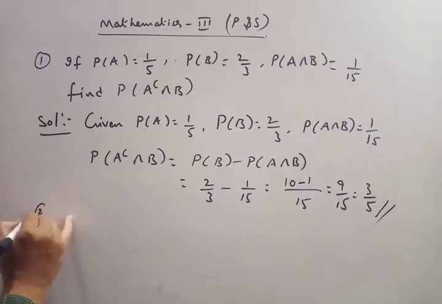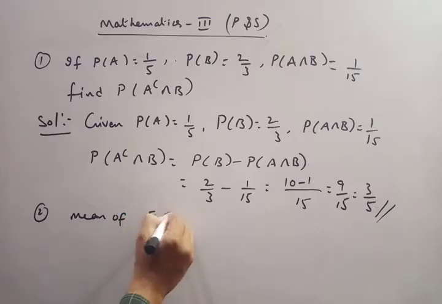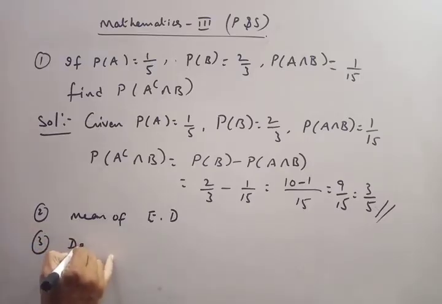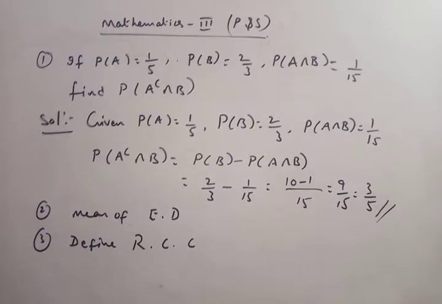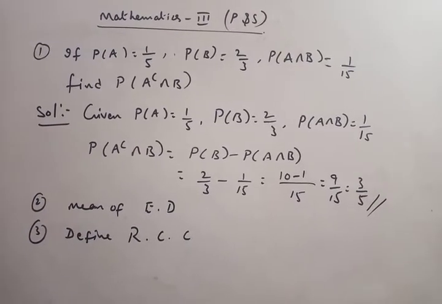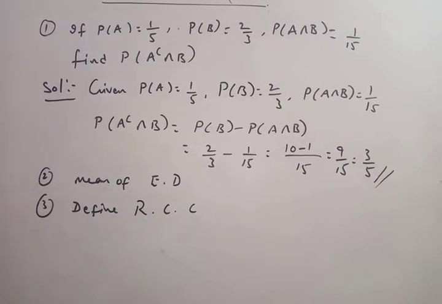This is already there. Then the fourth one he is asking: define rank correlation coefficient. In that we have 2 formulas. When ranks are repeated, one formula is there. When ranks are not repeated, that formula is also there.